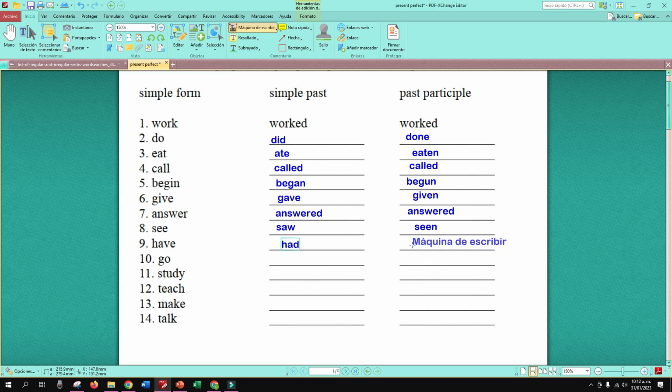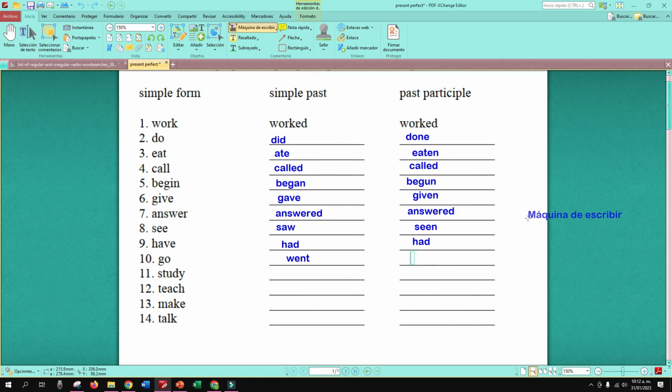Had, right? And past participle is the same, had. Have, had, had, right? This is an irregular one, right? Yes. What about go? In past, went. Excellent. What about past participle?